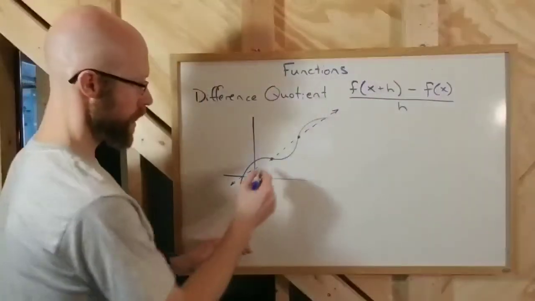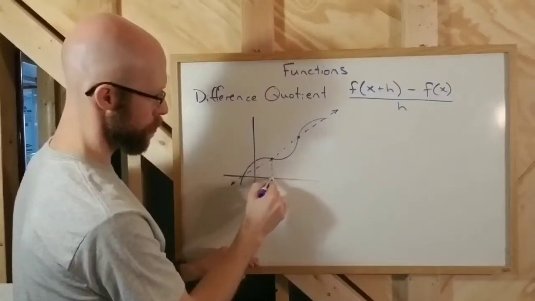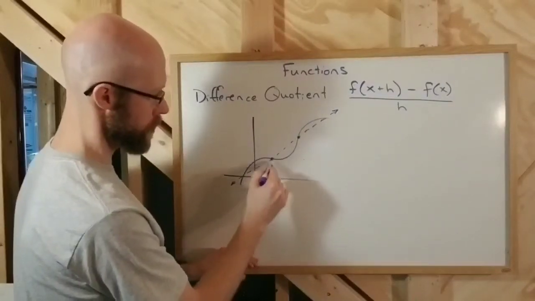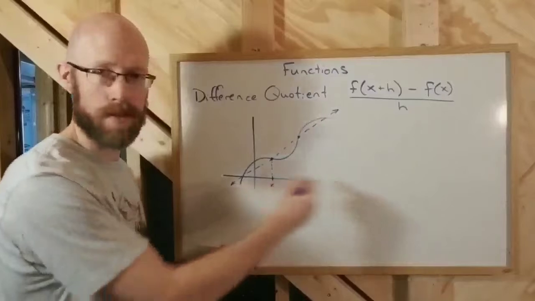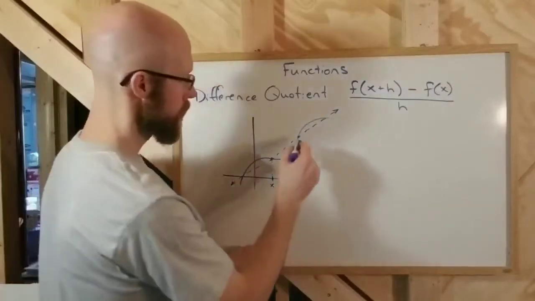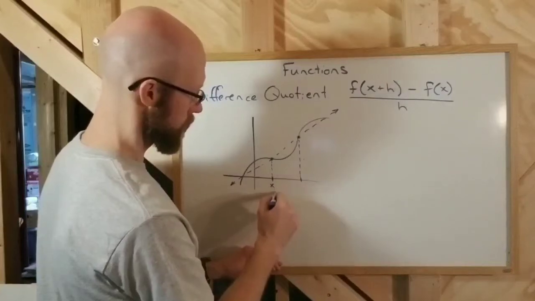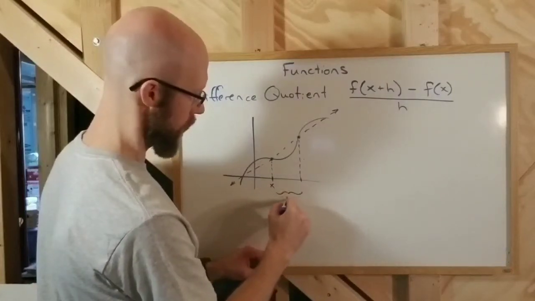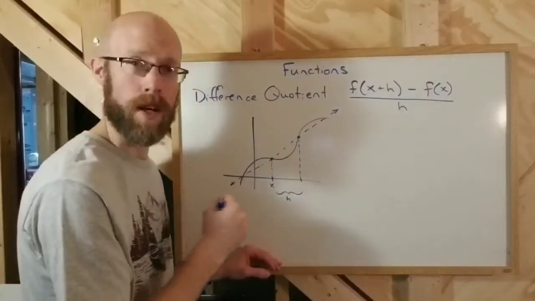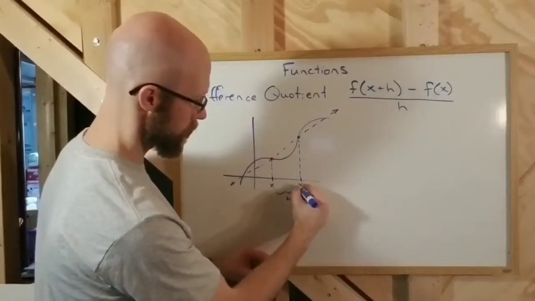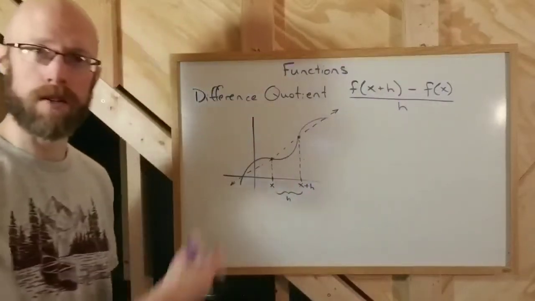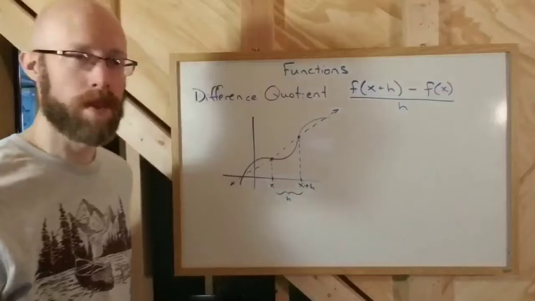If you take the 2 points, the first one we'll call x because it's on the x-axis. And the second one, what we'll do is add a distance to it. This distance we're going to add is h. So the second point is x plus h. It's the first one plus the distance.